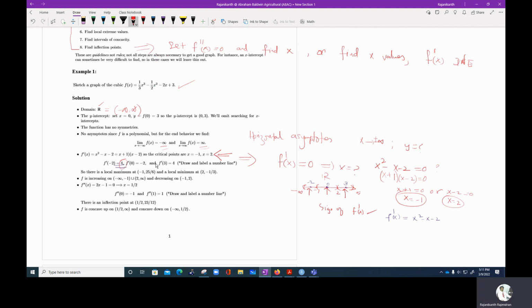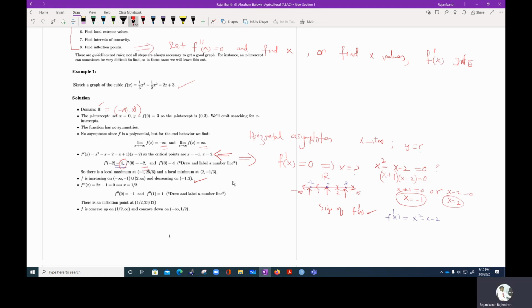So it is increasing in this interval. For 0, you see a negative answer, so it is decreasing. And for 3, it is a positive answer, so it is increasing. That's why you see these increasing and decreasing results.